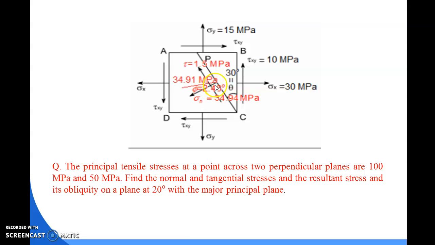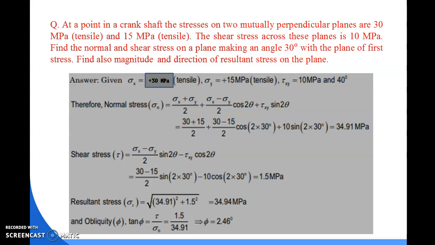This is the direction of the normal stress, which we got as 34.91, and the shear or tangential stress is this arrow mark, represented as 1.5 MPa. This angle is denoted as phi, which equals 2.46 degree. So you have to draw the diagram after completing the calculation part.